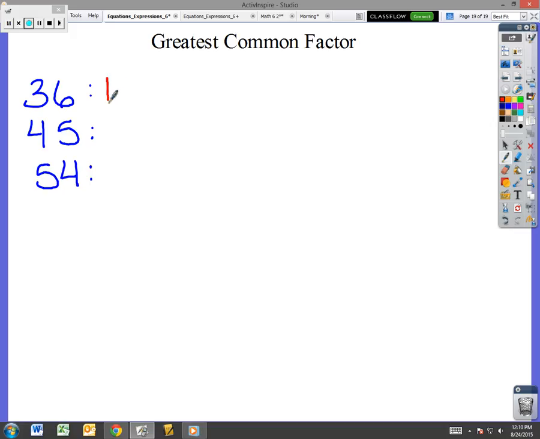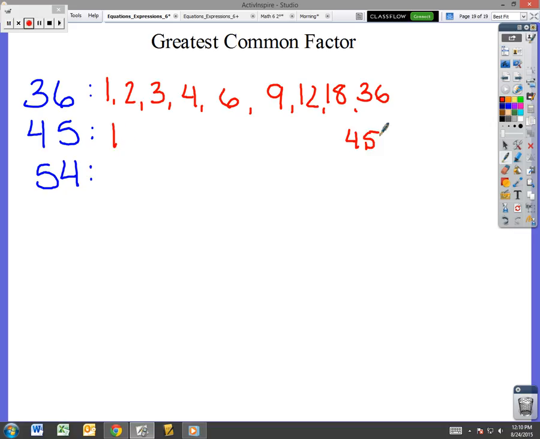36 would be 1 and 36, 2 and 18, 3 and 12, 4 and 9, and then 6. 45. Isn't that 1 and 45?